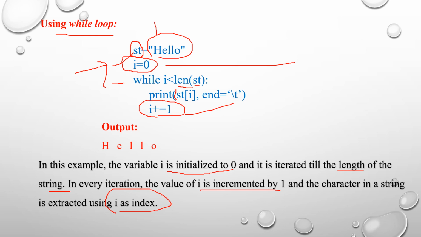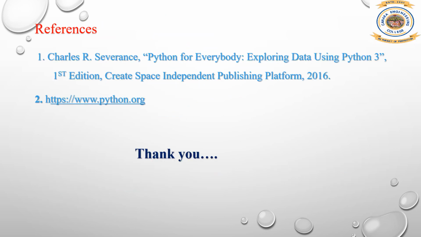Here h has index value 0, e is 1, l is 2, the next one is 3, and this is 4. This is the indexing value. So we write s with i within square brackets, which indicates that we extract the value by index values. So the output is hello.